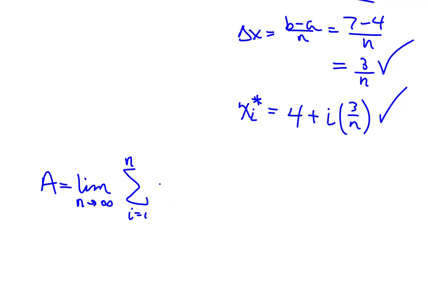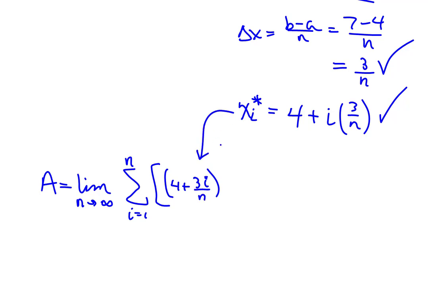Well, given what f is above, we can be more specific with it. Remember, defined above, our function is x squared. Well, instead of x, we're going to use this x sub i star. So really that's 4 plus 3i over n.